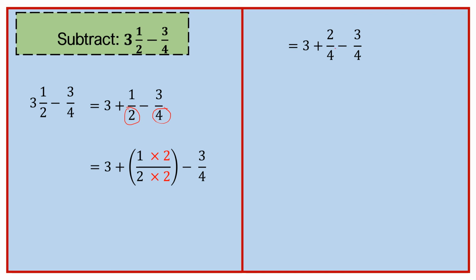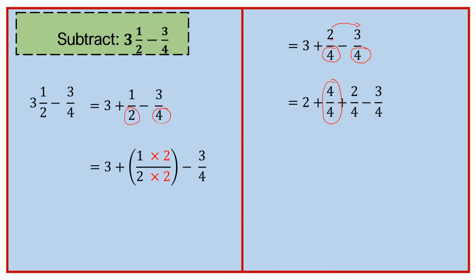You see that the denominators are the same. So we can get 2 plus 4 out of 4. This is actually because we cannot get 2 minus 3. 2 is small, 3 is big.